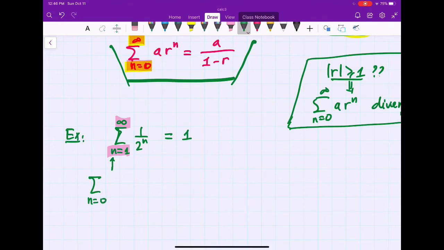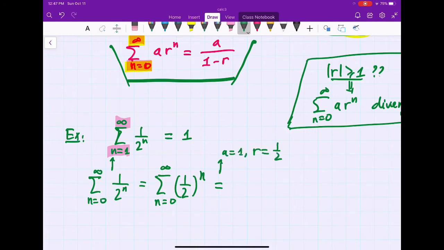So I write the following: the sum from n equals 0 to infinity of 1 over 2^n equals the sum from n equals 0 to infinity of (1/2)^n. Is that correct? According to the formula, a in this case is 1 and r is 1/2. So you have 1 over 1 minus 1/2, which is 1 over 1/2. The answer is 2.